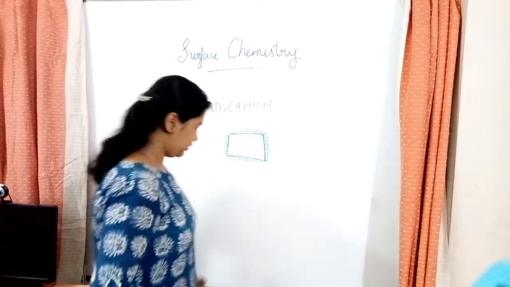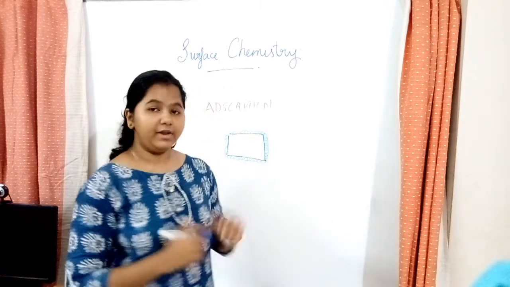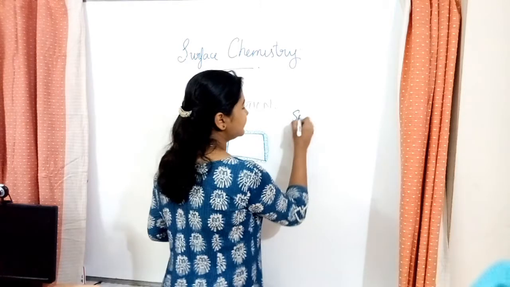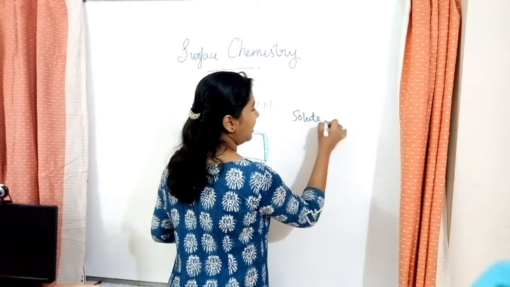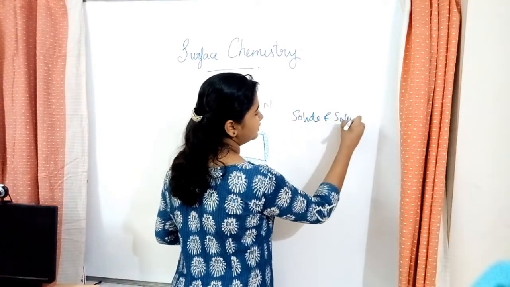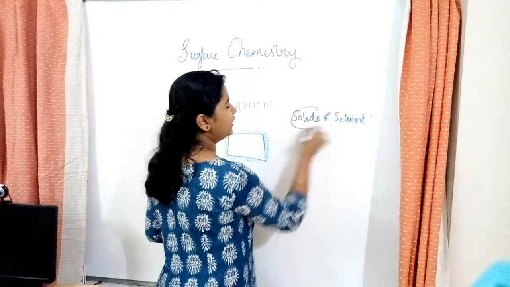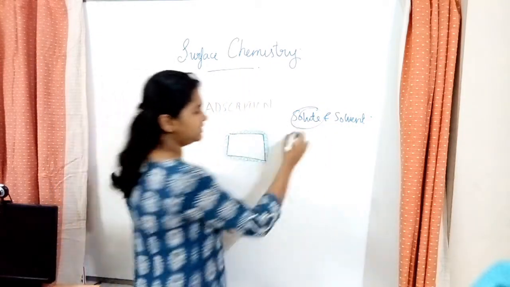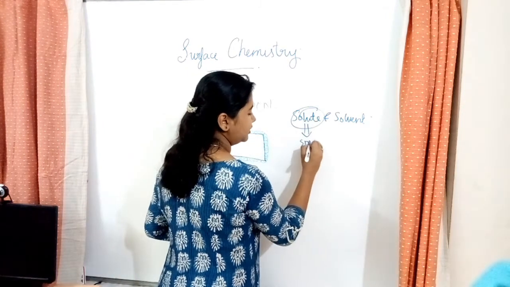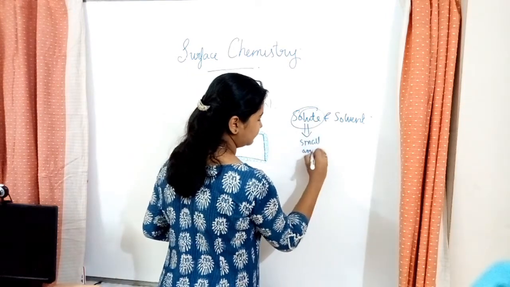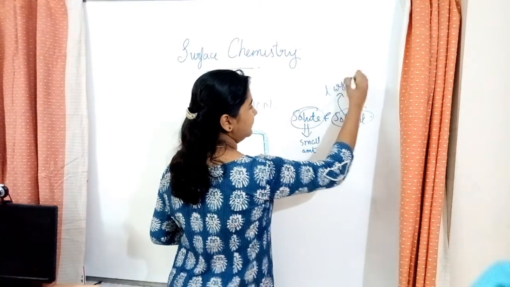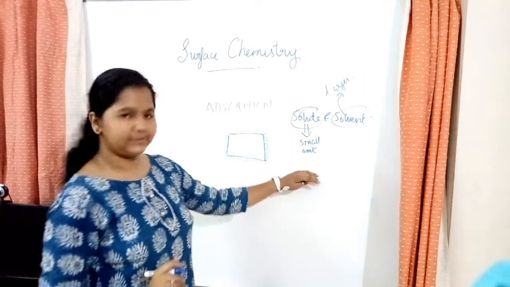For example, we learned how to make a solution. We need a solute and a solvent. So what was a solute? Solute was the particular thing that was in small amount, and the solvent is required in larger amounts. Okay? So this is what we had to find out.